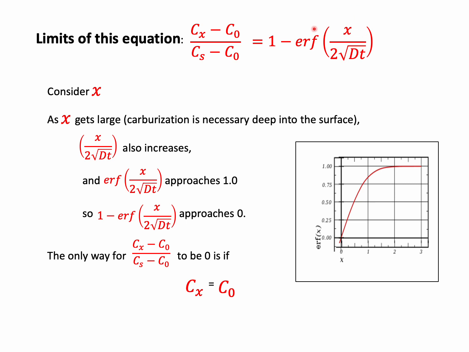And if z increases or x increases, the error function of that value also increases, and it approaches 1. So the right side of the equation, 1 minus the error function of z, would approach 0. And if the right side of the equation is equal to 0, the only way to make that true with the left side is if C sub x is equal to C sub 0. So as the depth gets deeper and deeper, the concentration at that depth will approach the concentration of the steel before you carburize.